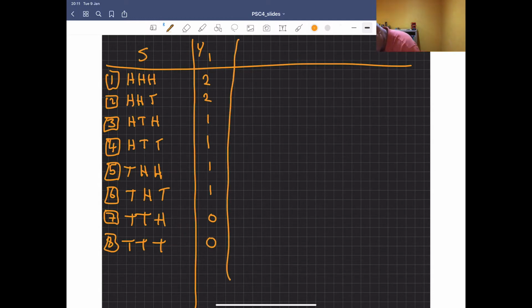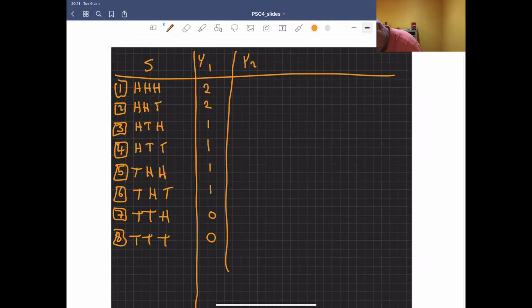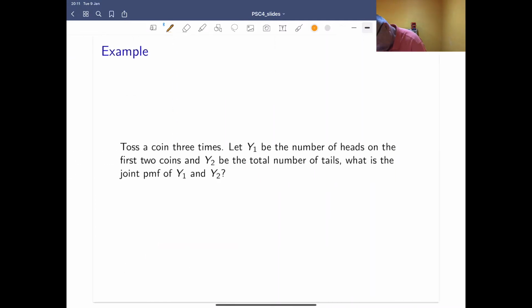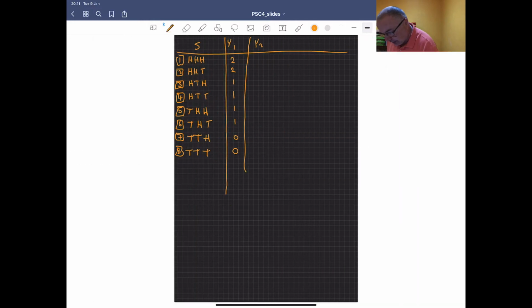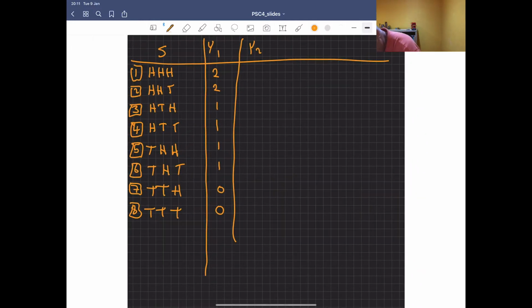And y2. So again, let's go back. y2 is the total number of tails. So we've got 0, 1, 1, 2, 1, 2, 2, 3.